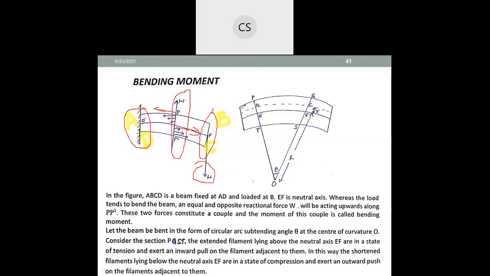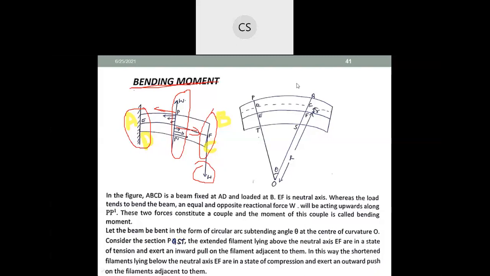And the moment of this couple is known as the bending moment.